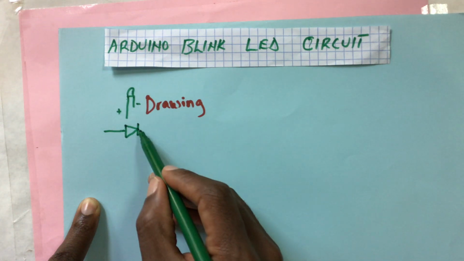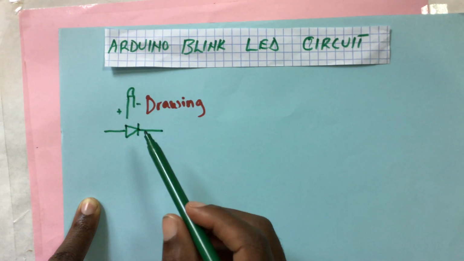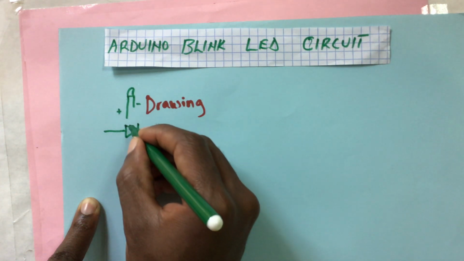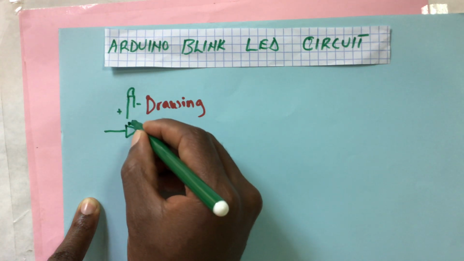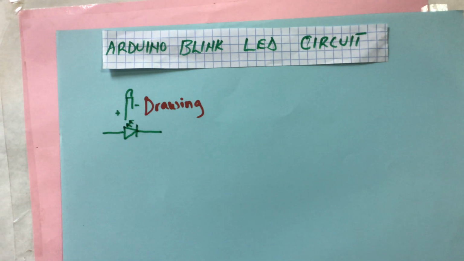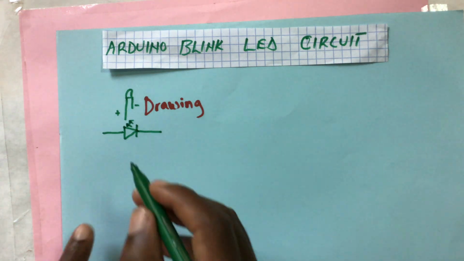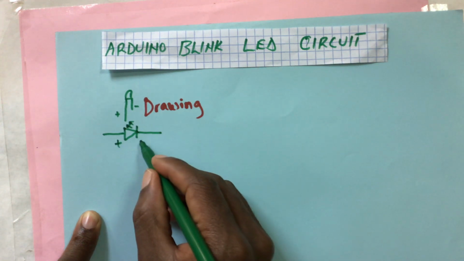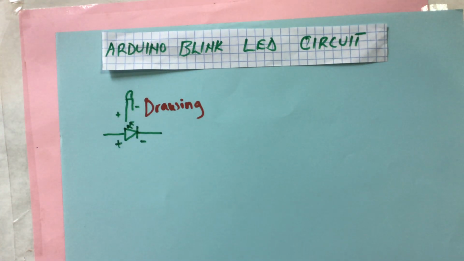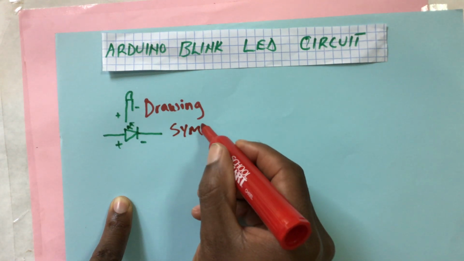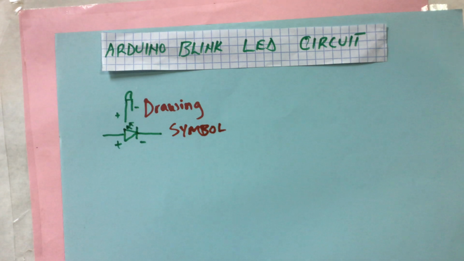The difference between the LED and the power diode is that the LED, since it's a light emitting diode, has two arrows pointing outside, and those two arrows just say that the LED gives out light. So this is the symbol of an LED. In a circuit, if you see a symbol like this, just know that it means an LED is connected to that point.